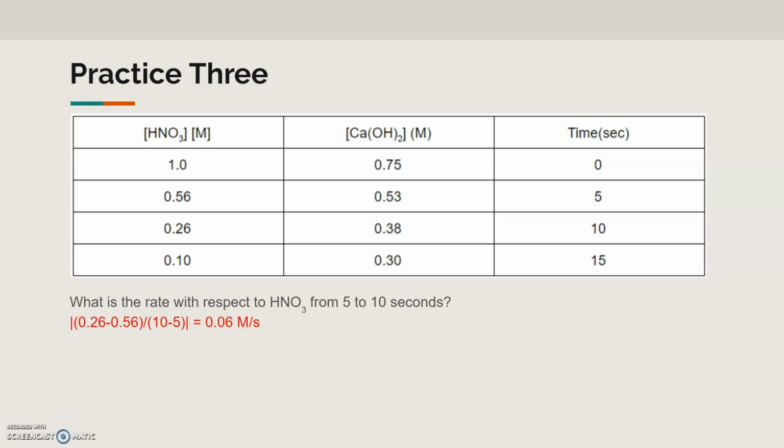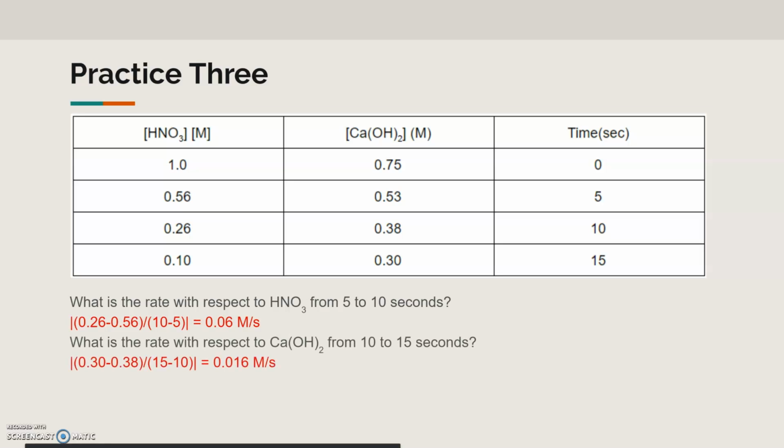So that's going to be 0.26. Subtract the concentration of HNO3 at 5 seconds, which is 0.56. Close the parentheses, place a division sign and another parenthesis, and we put the ending time that we're concerned about, which is 10 seconds, and subtract the starting time that we're concerned about, which is 5 seconds. Close the parentheses, add an absolute value sign, place it in our calculator to obtain 0.06 molarity over seconds.